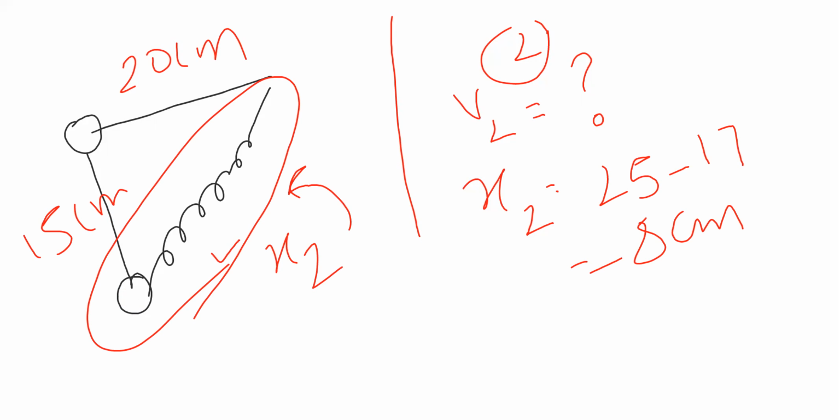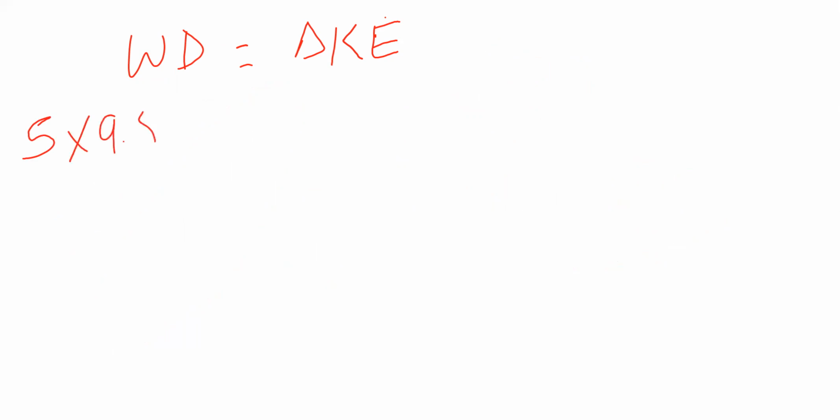Now we will use the work energy principle and we can get the value of the velocity at the latter position. By using the work energy theorem, we can say that the work done is equal to the change in kinetic energy. So the work done by this particle, let us say its weight is 5, will be the weight multiplied by the distance that it has traveled, that is 0.15.